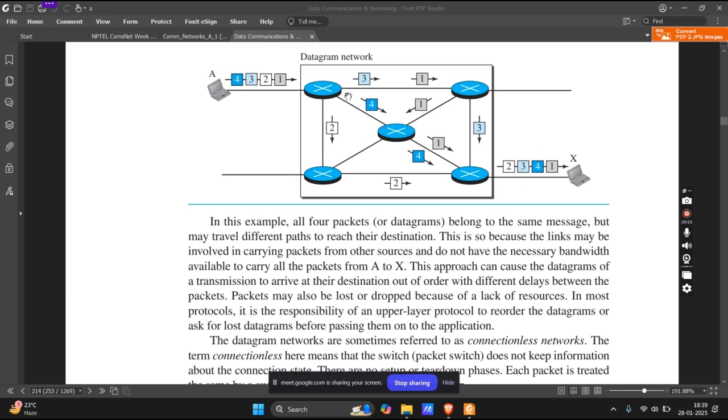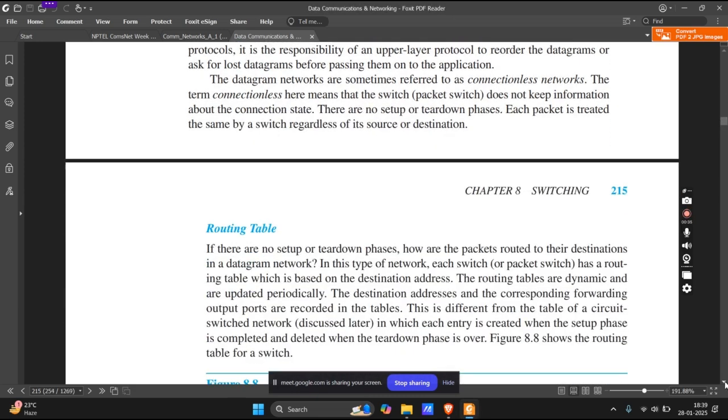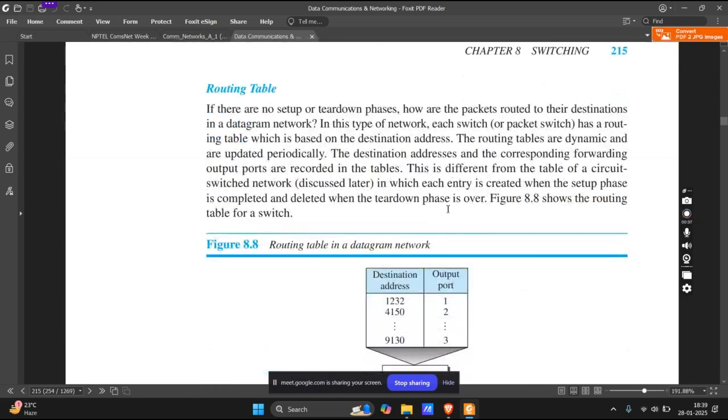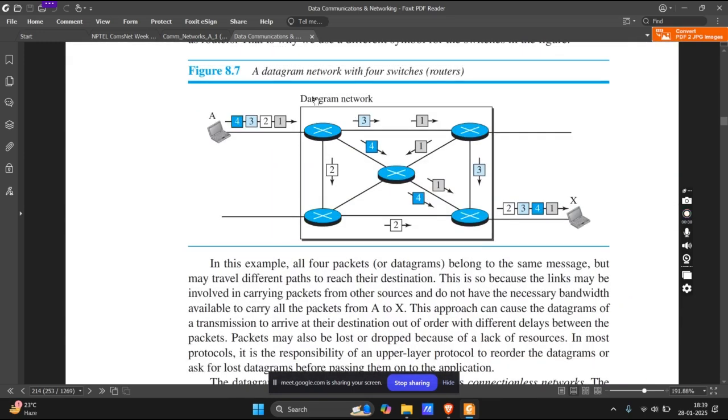Because there is no connection. Every packet is going on its own. There is no dedicated connection between A and X. So how does it know? That is where the concept of port forwarding or the routing table comes in. In the routing table, whatever packet is there, all packets have one thing in common: they have a particular header. The packets do not directly start from data. There is a header before the data in the packet.